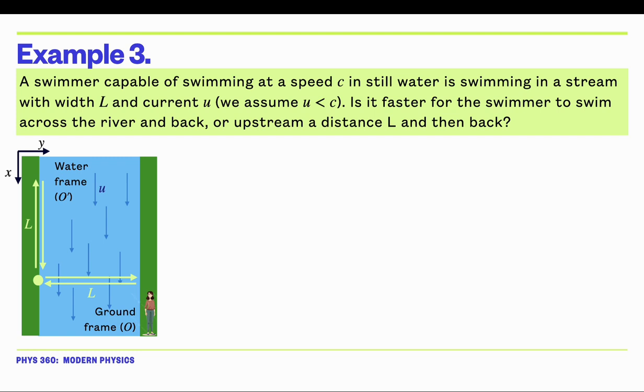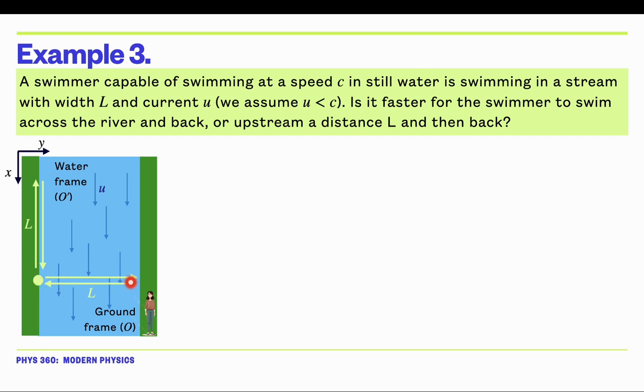The question is, if the swimmer can swim at speed c relative to the still water, but the water is flowing down like this, which is going to be faster? For the swimmer to start at the bank, swim directly across the current to the same point on the opposite bank, and then swim back.